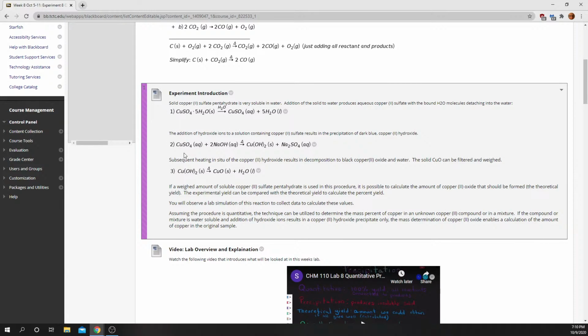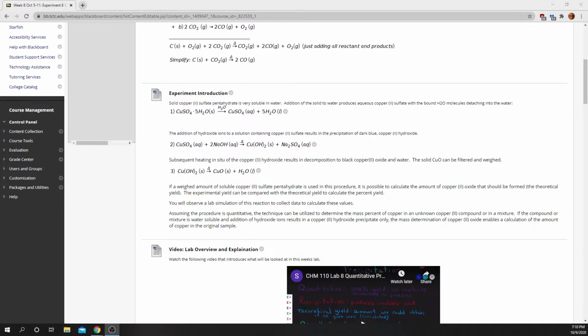Then 1 copper sulfate produces 1 copper(II) hydroxide. And then the copper(II) hydroxide, you heat it up, it decomposes, it produces 1 copper oxide. So 1 to 1 to 1 to 1 to 1 to 1. So if you have 1 mole of the copper sulfate pentahydrate, you'll produce 1 mole of your copper(II) oxide.